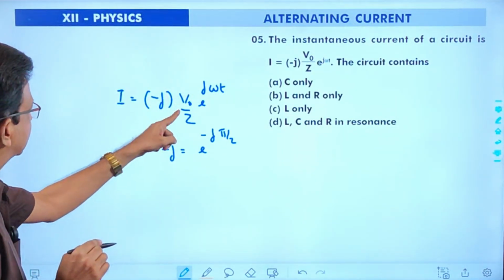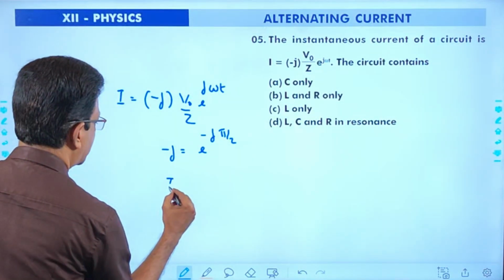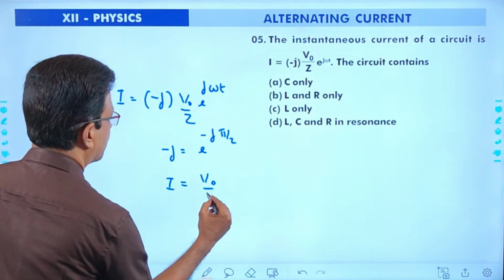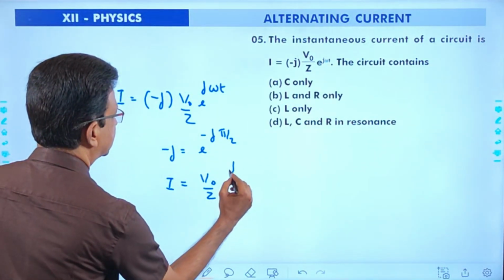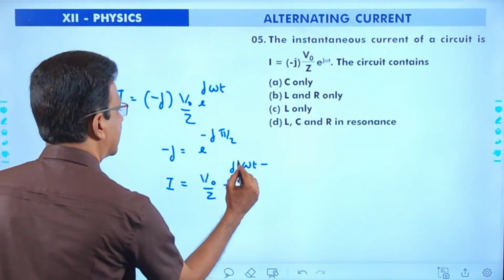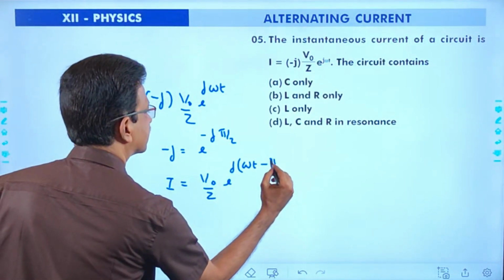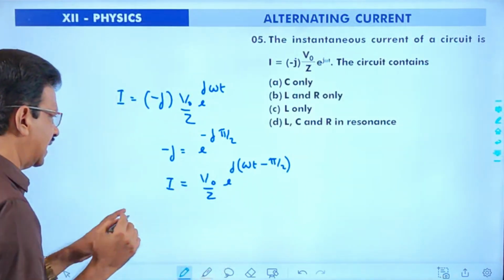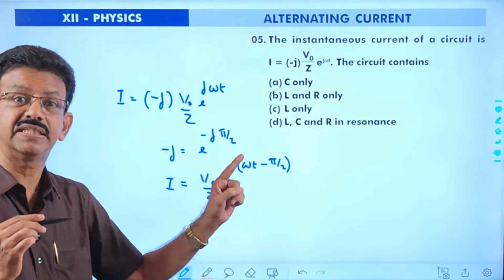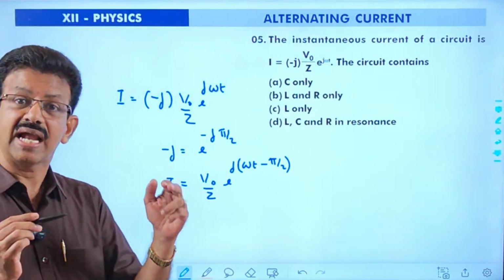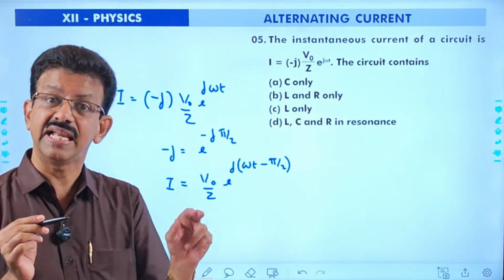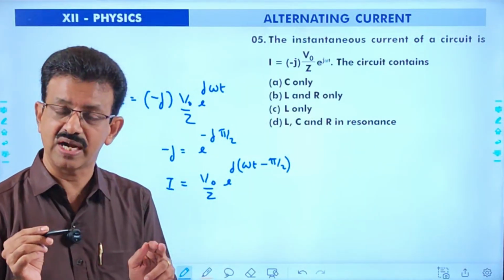Substituting the value of minus j here, the equation of the instantaneous current becomes V0 by Z e raised to j omega t minus pi by 2. That is, current lags behind the voltage by a phase angle pi by 2. And this is happening for an AC circuit having inductor only, L only.